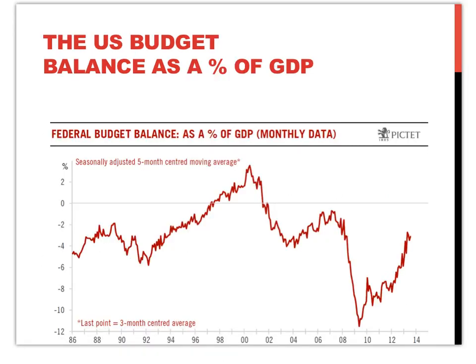This chart shows the federal budget balance as a percent of GDP from 1986 to 2014. And so if the budget balance as a percent of GDP is negative, then that means that we're running a budget deficit. And if it's positive, that means that the government is running a budget surplus.